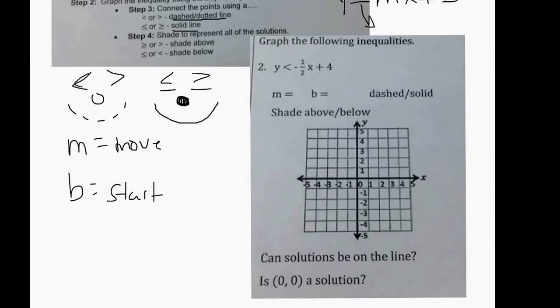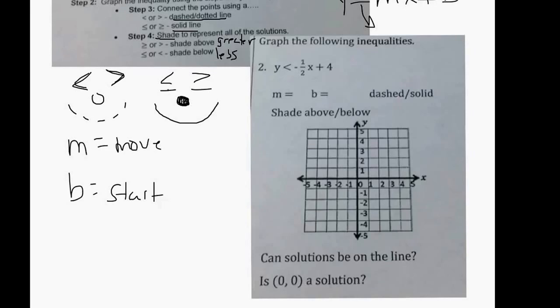So if it's less than or greater than, we use a dotted line. If it has the equal to part, we use a solid line. The last part is we do some shading, and that's what creates these boundaries. If it's greater than, we shade above. So this is greater. And if it's less than, we shade below. And that should kind of make sense because greater things are above, greater numbers are higher, less numbers are down below.